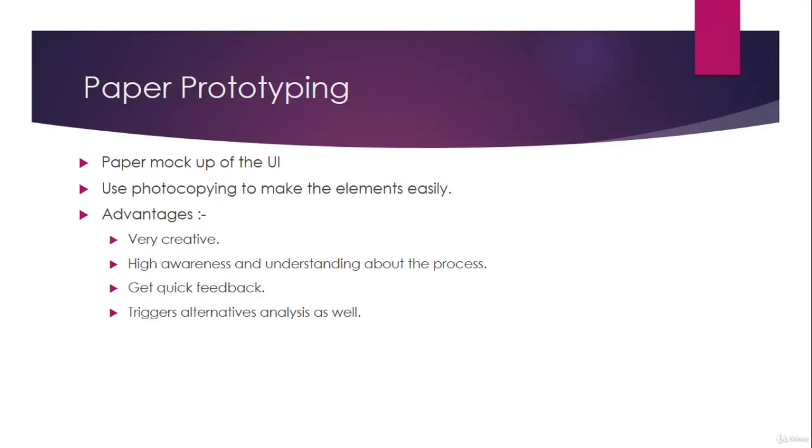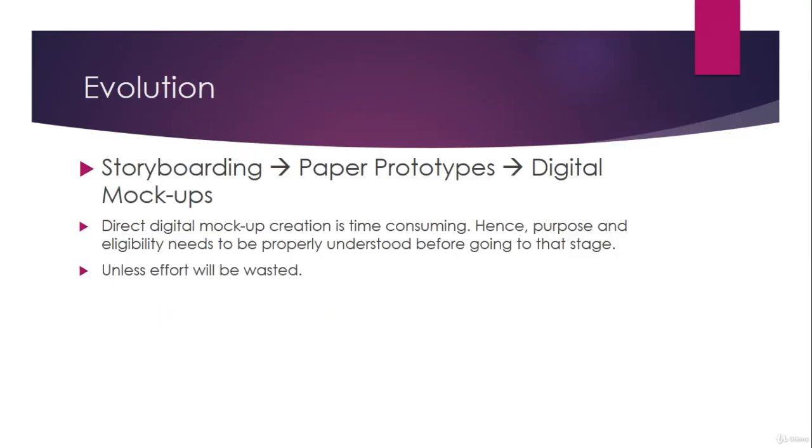Once the paper prototyping stage is completed, now you have an even better understanding. So now it is time for you to go up to the wireframes or the digital mockups, right? We start with the storyboarding, we have the understanding about the basis of the platform, and it is further strengthened with the paper prototypes. Now we have a very good understanding.